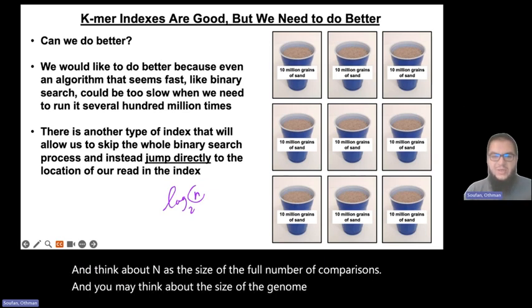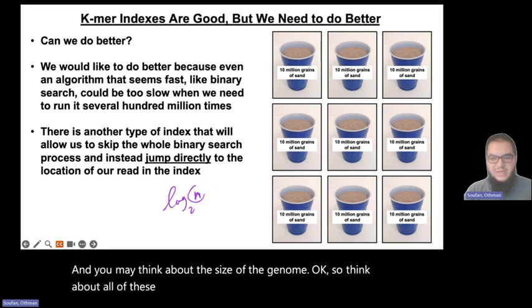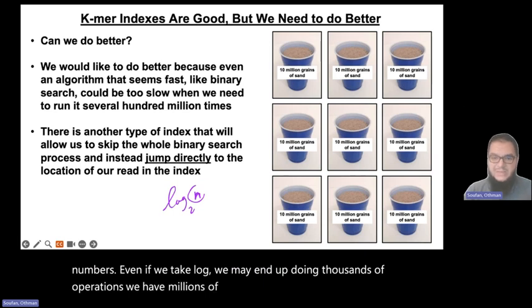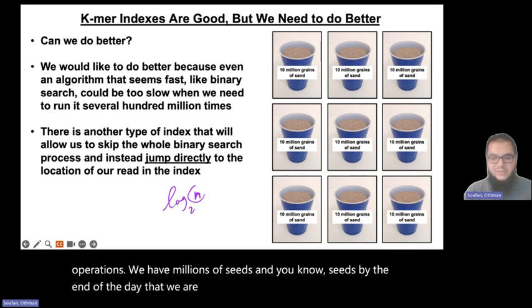These are big numbers. Even if we take the log, we may end up doing thousands of operations. We have millions of seeds by the end of the day that we are extracting from the reference genome.